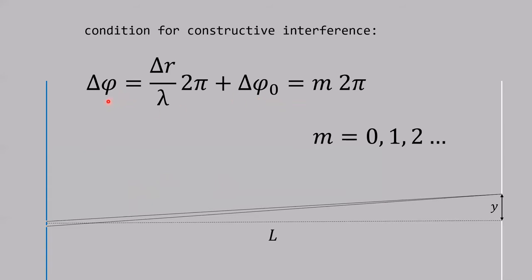We're talking about the phase difference between the two arriving waves at a particular point. There's a contribution from the path length difference and the inherent phase difference from the sources. But usually, when we're doing double slit interference, we imagine that the slits are being illuminated by the same source of light, like a laser beam, so there is no inherent phase difference. So we just get rid of that.